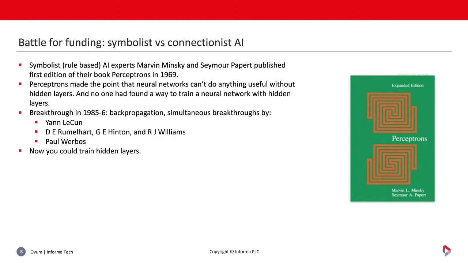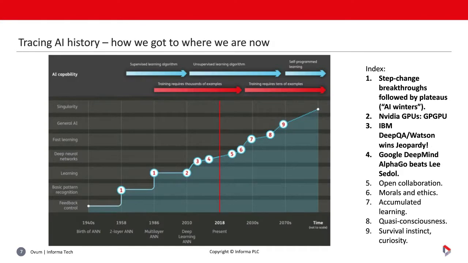It was in 1985-86 that backpropagation was created, and that allowed the hidden layers to be trained, and that opened things up. If we go back to that slide, you see a new surge around 86, and that's when I actually got involved in neural nets and built neural nets. Ultimately, that turned into a second AI winter because the computational capabilities were limited.